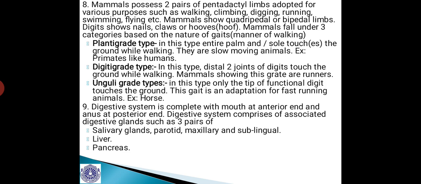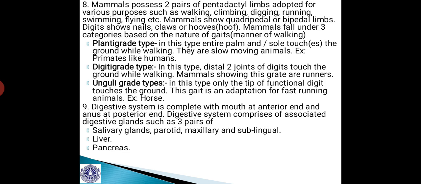Then coming to digitigrade type, in this type the distal two joints of the digits touch the ground while walking, and the mammals showing this gait are runners. Then unguligrade type. In this type only the tip of the functional digit touches the ground, and this gait is an adaptation for fast running animals.